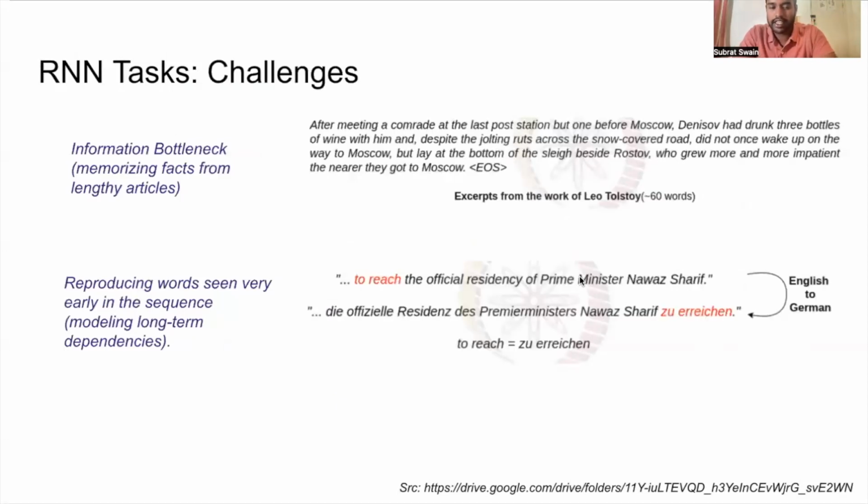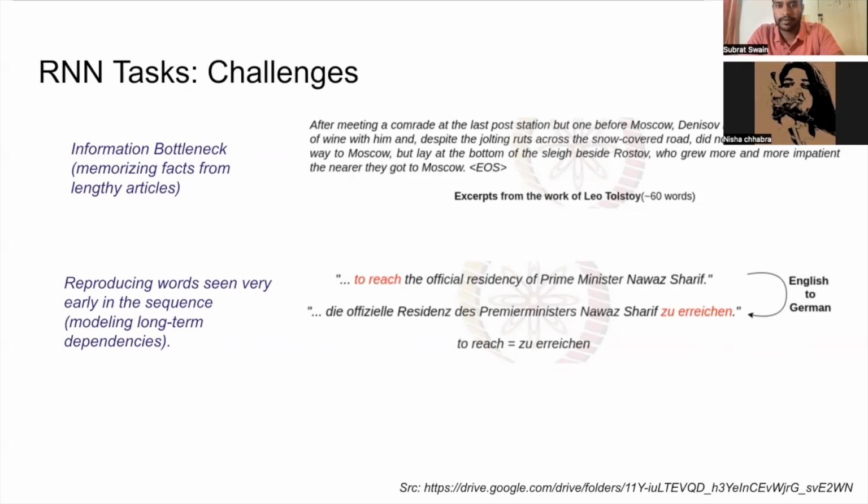These are the tasks generally done by RNNs, and there are several challenges faced by them. If you recall, two of the challenges were discussed last class.